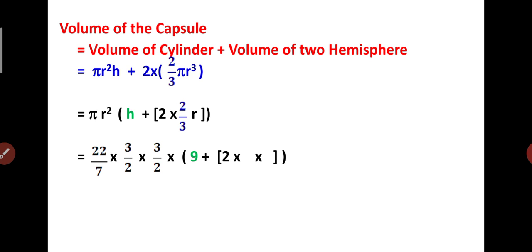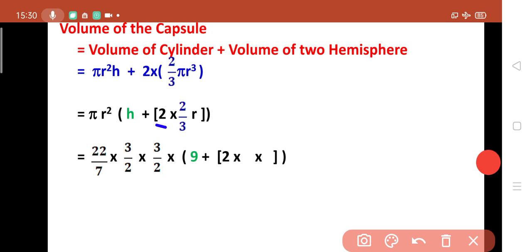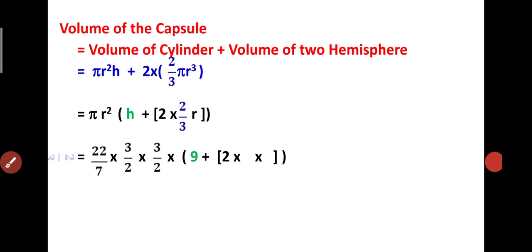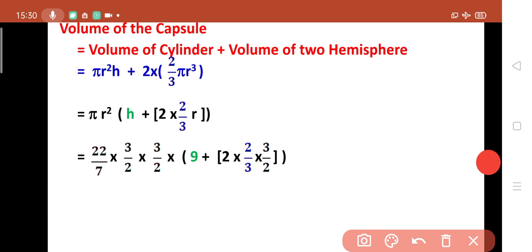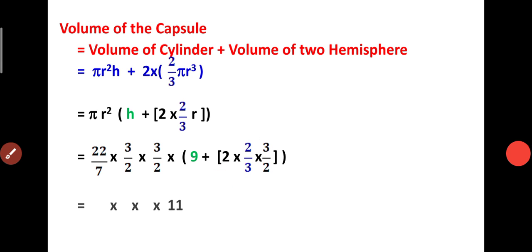Let R be the radius of the cylinder and hemisphere. For both cylinder and hemisphere, the radius is the same, so let it be R. Let H be the height of the cylinder. Now we want to find the capacity of the capsule. For the cylinder, what is the radius and height? Diameter is given as 3 millimeter, so radius is 3 by 2, that is 1.5 millimeter.